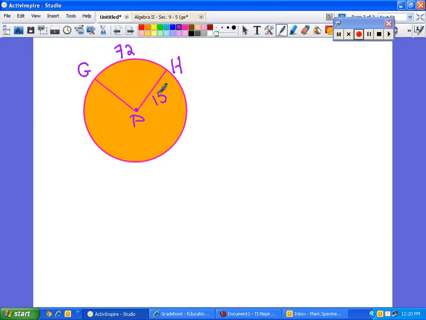Okay, so we want to know what's the area of this sector, what's the area of this portion of the circle. So what we do is we take the measure of this arc and we divide it by 360, so it's 72 divided by 360 times pi r squared. What's my radius? My radius is 15 squared.